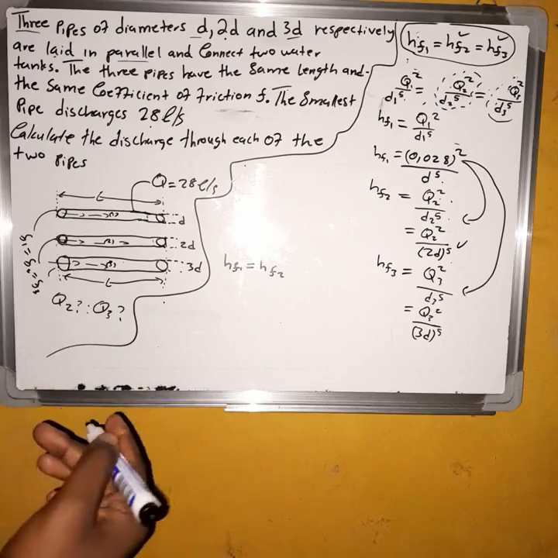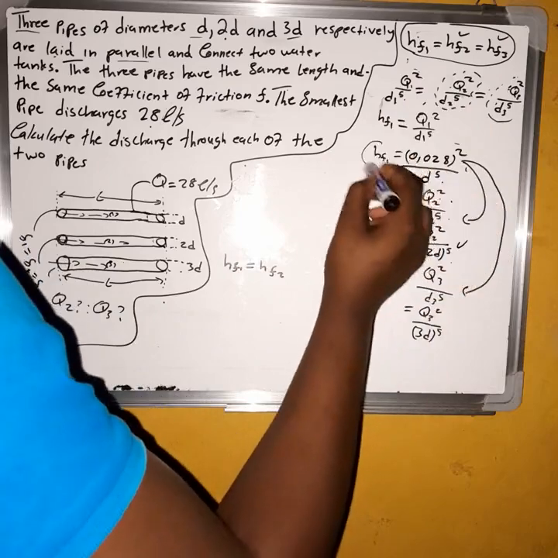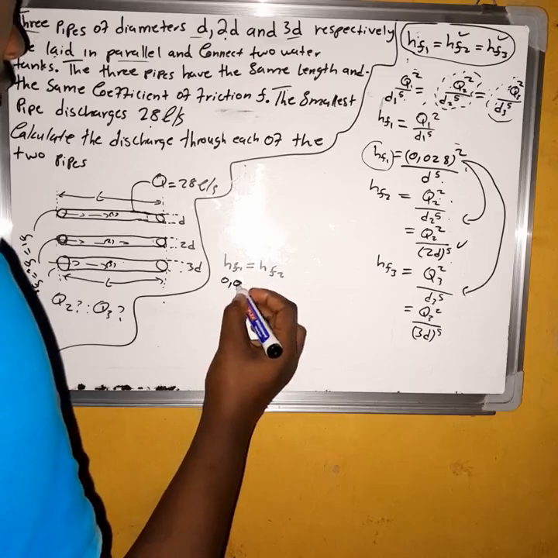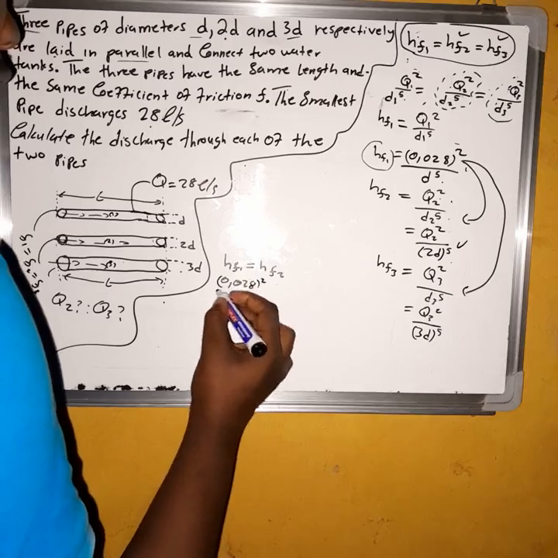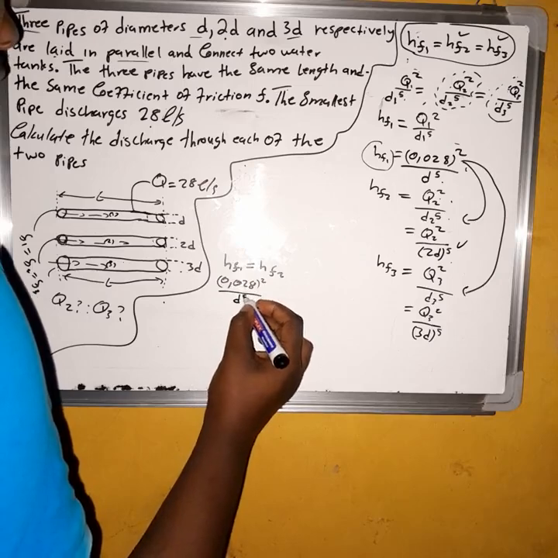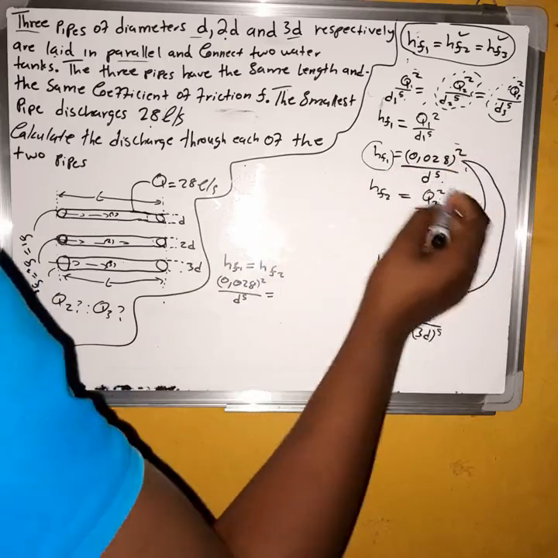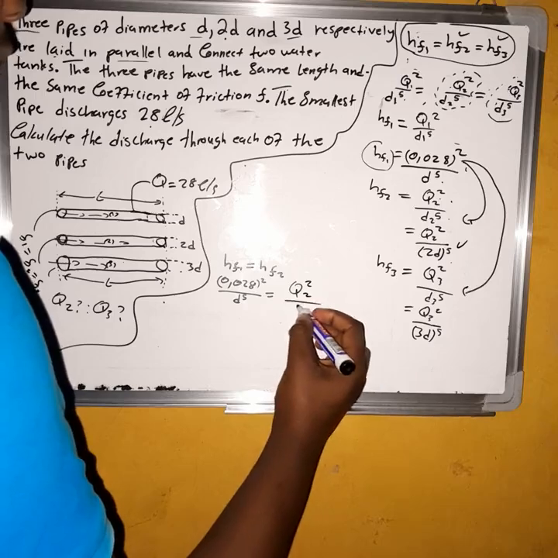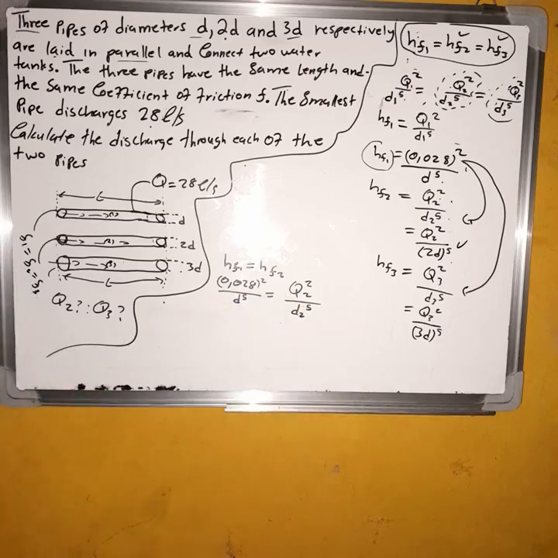Equating, we have HF1, which is 0.028 squared over d raised to the power 5, equal to Q squared over 2 over d2 raised to the power 5. Is that what we have there?